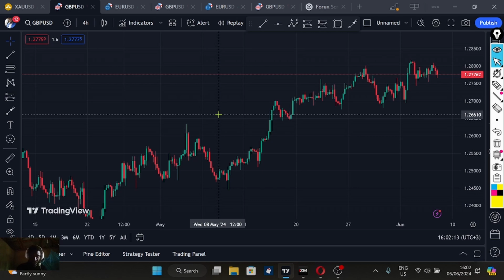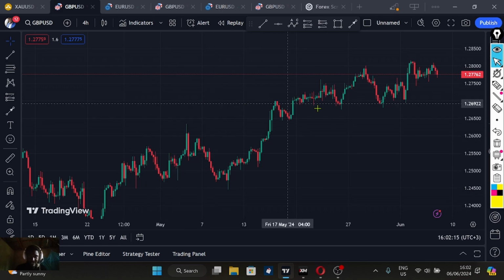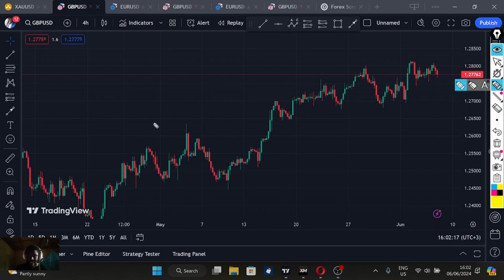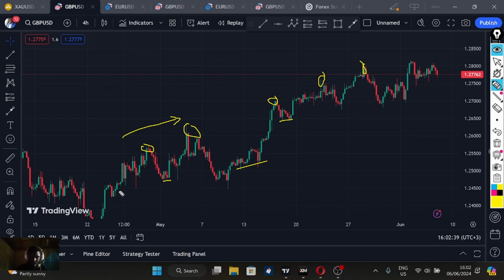Now, as we can see, this is an uptrend. We know this because the market is making higher highs and higher lows than the previous high and low. Okay, let me repeat this. Apologies.